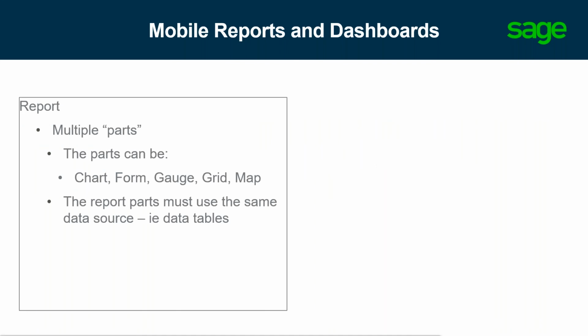And for my dashboards, those are built out into parts in regards to charts, forms, and gauges to make sure that I can view that information directly from one dashboard. One thing to also note is those dashboards and report parts can pull from different databases.